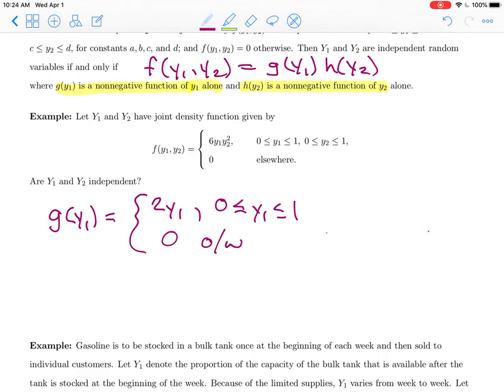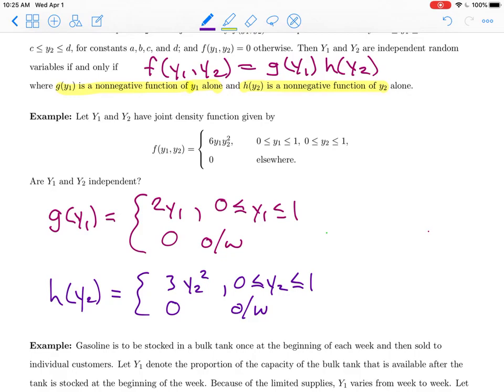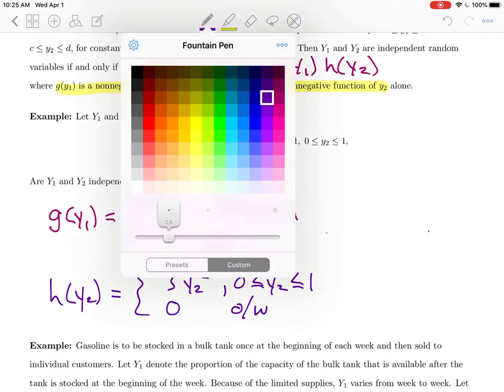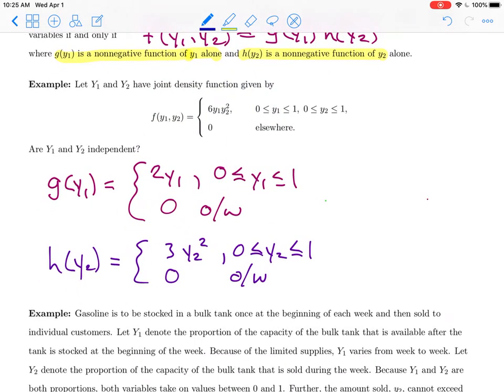We could say that h of y2 is equal to 3y2 squared for 0 less than or equal to y2 less than or equal to 1, and 0 otherwise. And then we can make the observation that if we were to multiply these two things together, we do end up with f of y1, y2 equal to g of y1 times h of y2.